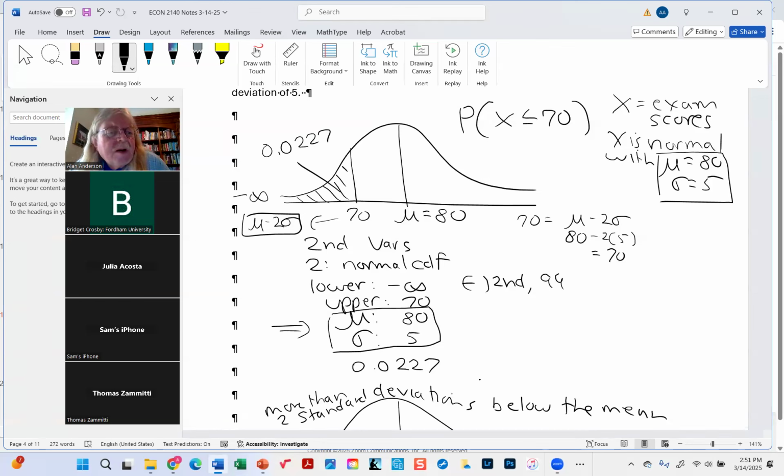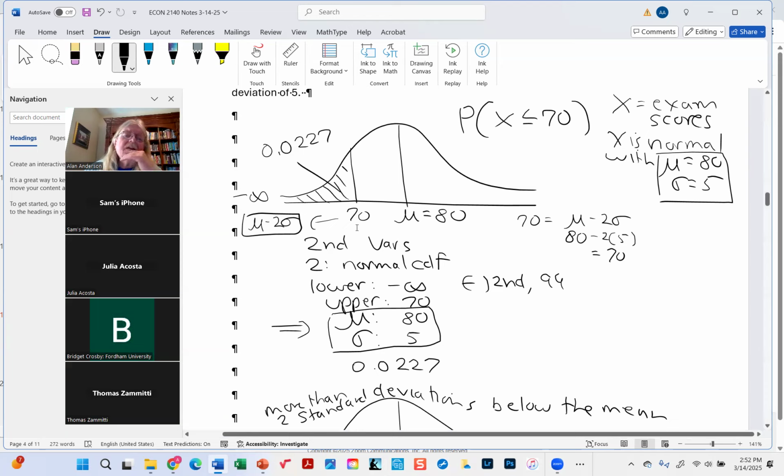So if you notice, that probability is quite small, isn't it? Yes, it is. What this is reminding us is that the vast majority of this distribution is within 2 standard deviations of the mean. Not that the area outside of that range is 0, but it's getting very close. So in this case, because 70 is 2 standard deviations below the mean, the chances of getting a 70 or worse is pretty small.